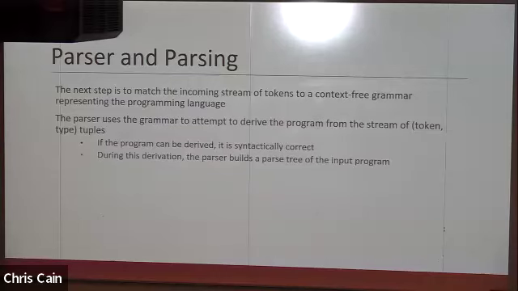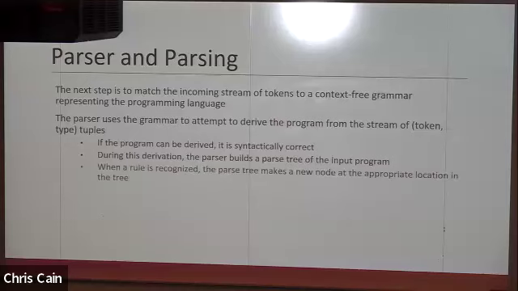As we go through this process, we're building that parse tree. If it is an unambiguous grammar, then given a stream of tokens that is in that language, there is a single parse tree that can be built for it. There are not multiple parse trees because it is not ambiguous. And so this process can only generate one possible parse tree for that program, which will help the next step.